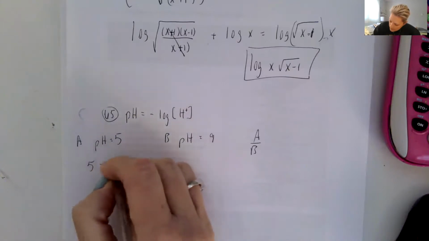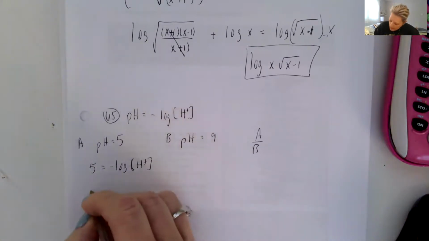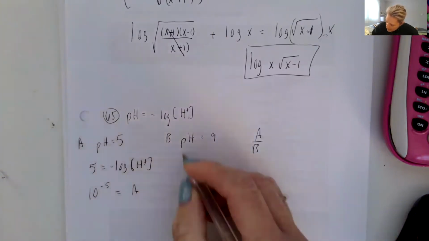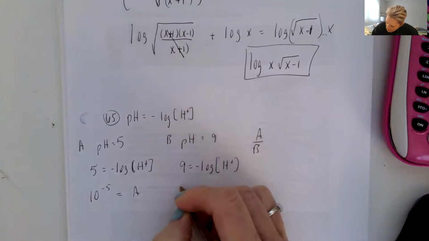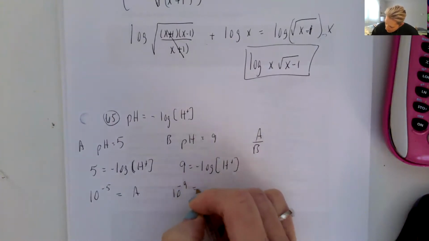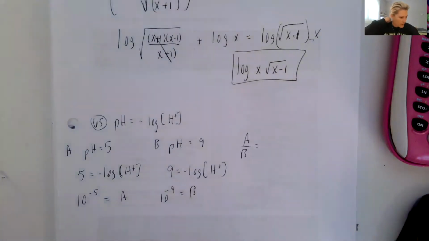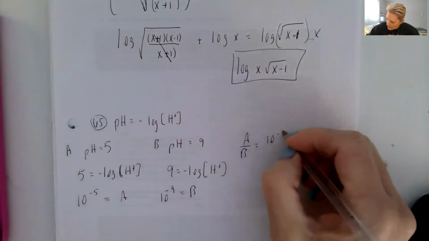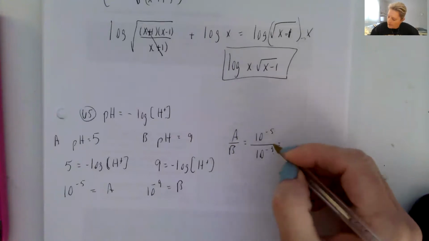So the concentration of this one is going to be 10 to the negative 5 for A. And then this one is going to be 10 to the negative 9 for B. So we're going to do 10 to the negative 5 over 10 to the negative 9, which actually they flip because of the negative exponent.